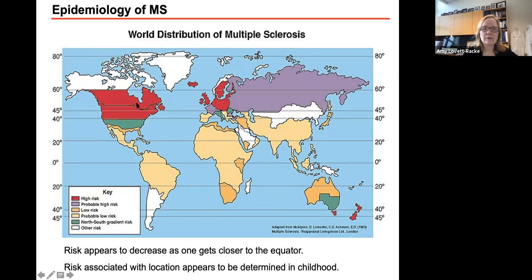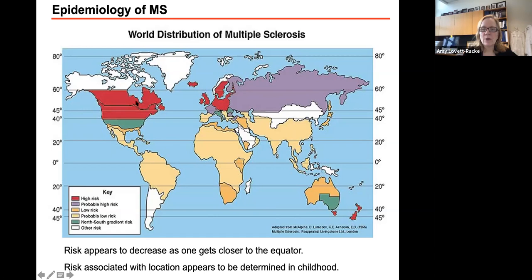And if you migrate as a child from a higher latitude, say you live in Canada, and then you move to Texas, you actually, as a child, acquire the same risk as a Texan.